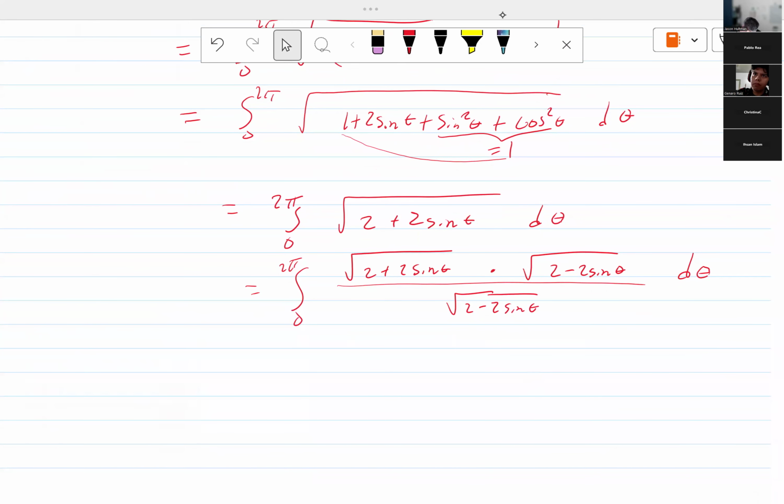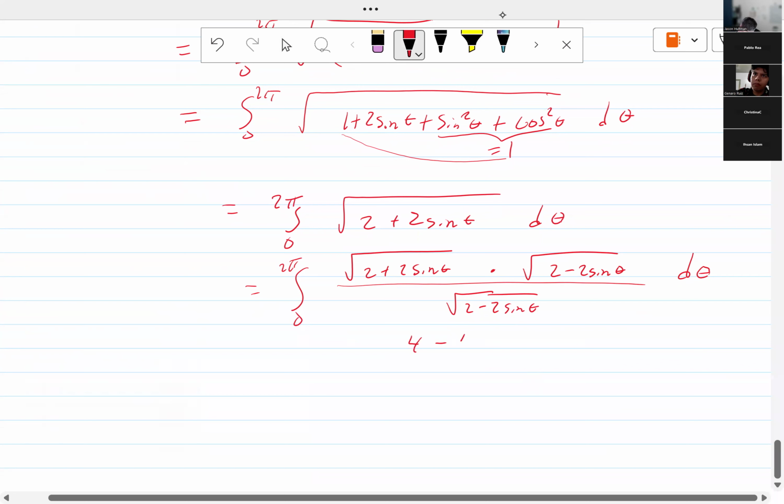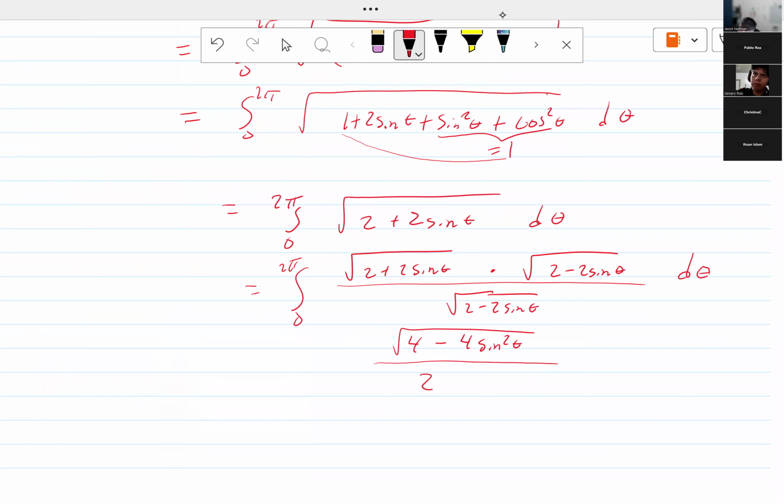Okay, so this becomes 2 squared, which is 4, minus 4 sine squared theta, square root, all over the square root of 2 minus 2 sine theta d theta, 0 to 2 pi. The top becomes 4 times 1 minus sine squared theta.